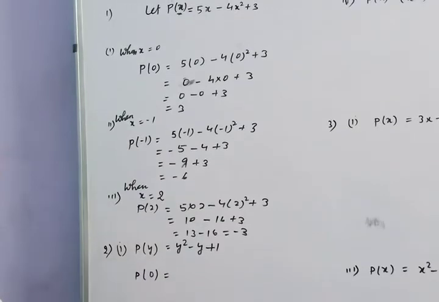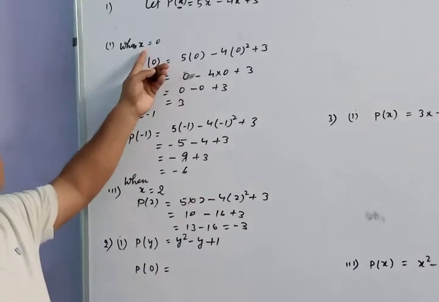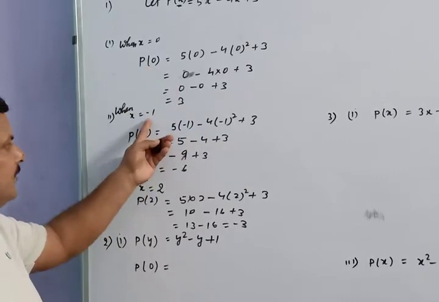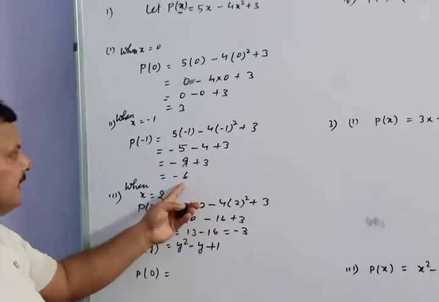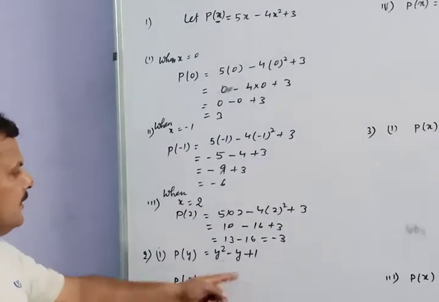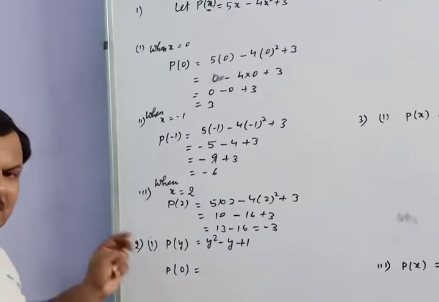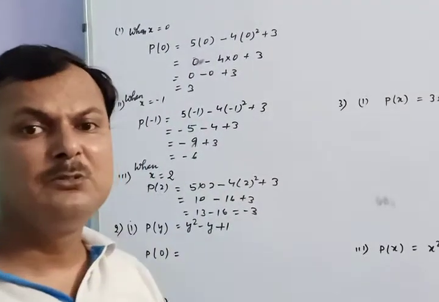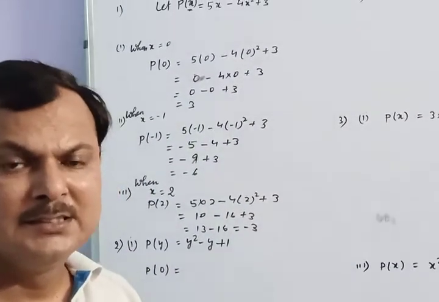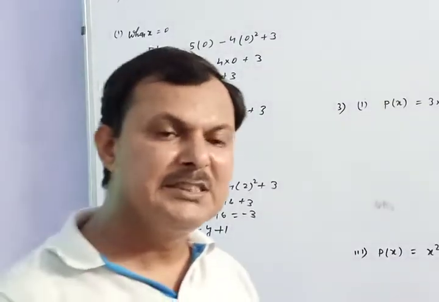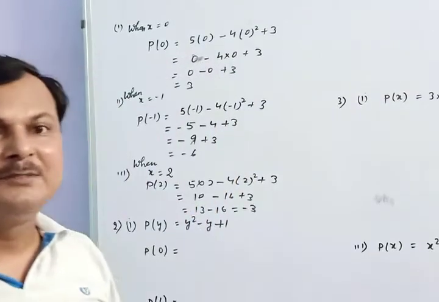So in this way we observe that when x is equal to 0, the polynomial gives us 3. When x is equal to -1, the polynomial gives us -6. And when x is equal to 2, the polynomial gives us -3. In this way we can solve. Means at any real number the polynomial value will be different. If you change the real value of x, the variable, the polynomial will give another value.